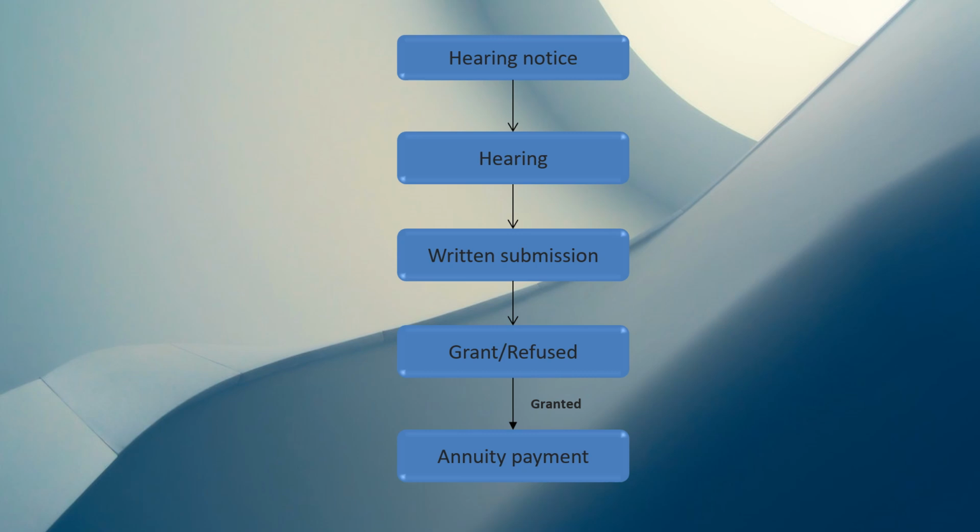So in the hearing, either the applicant can attend it himself, or if the applicant is processing the patent application through a patent agent or a patent attorney, the patent agent or attorney can attend the hearing on behalf of the applicant.